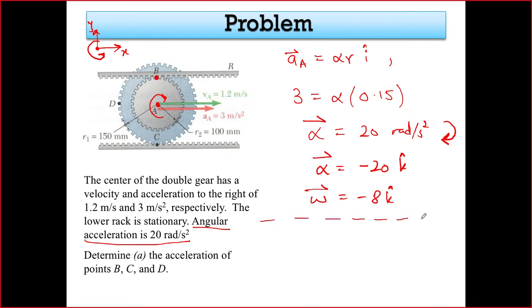Now let's see. Somebody help me write down the expression first. AB, what will it be? I want to use A as my base point. Now help me out please. Is anybody out there?